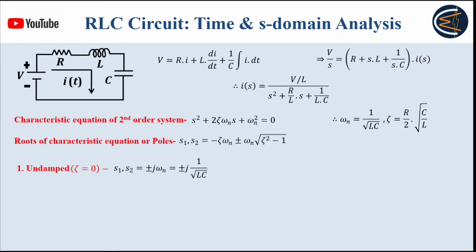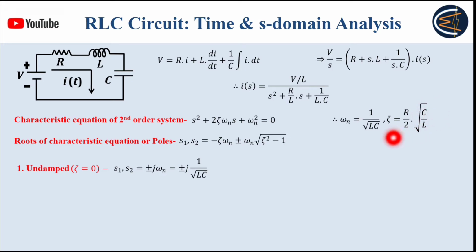If I talk about the undamped case, that means zeta equals 0. If you see here, zeta will be 0 when your resistance is 0. That means the resistance in that circuit is absent, and then the system will behave as an undamped system. You may also say that zeta will be 0 if C is 0.